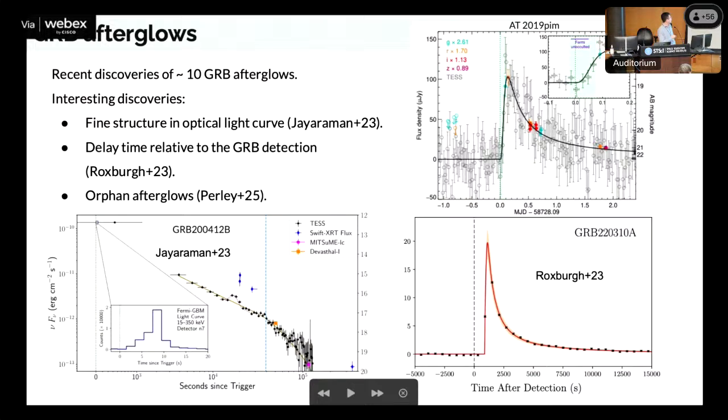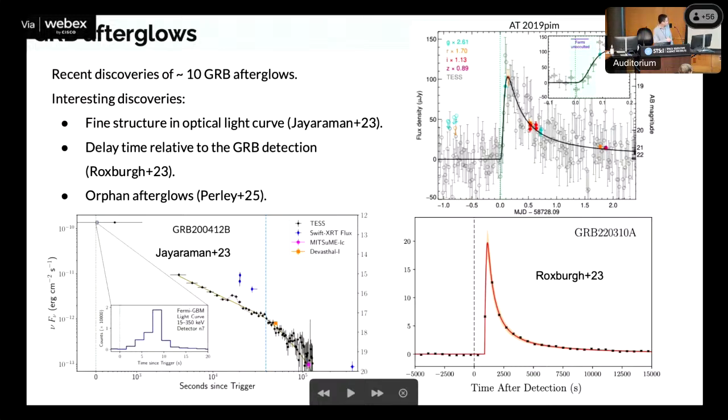For example, in the study led by Rahul Jayaraman, he finds some fine structure in the TESS light curve, where you see Gaussian-like bumps around an hour after the gamma ray burst trigger, and these bumps can likely be explained by the reverse shock in the gamma ray burst.